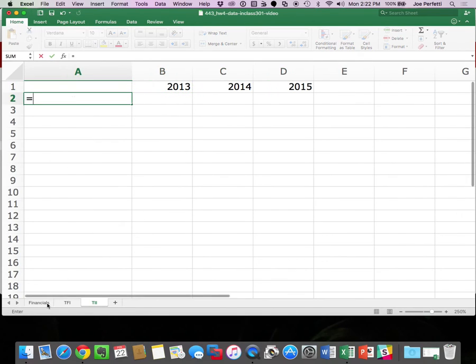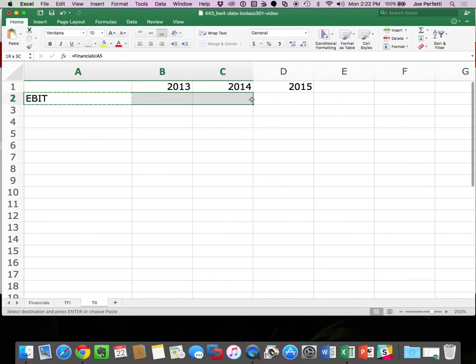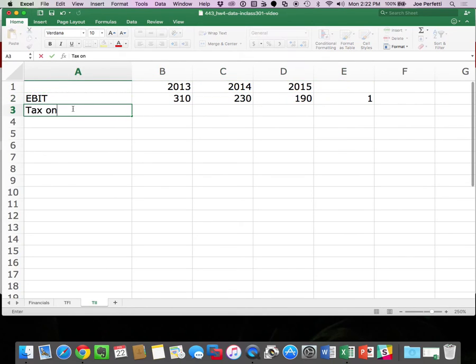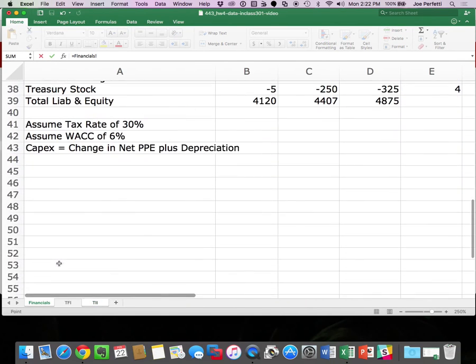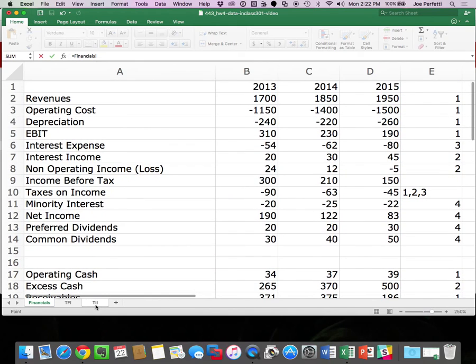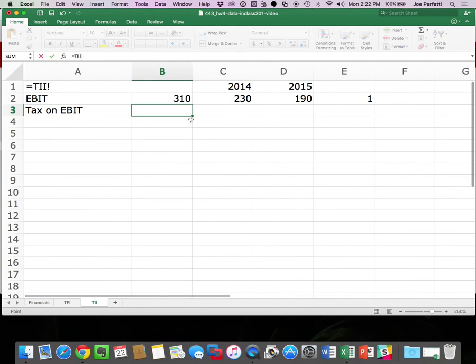We start out with our operating profit, which in this case is my EBIT. That was my 1. What was my tax on EBIT? Well, my tax rate right here is 30%. So equals that times 0.3.